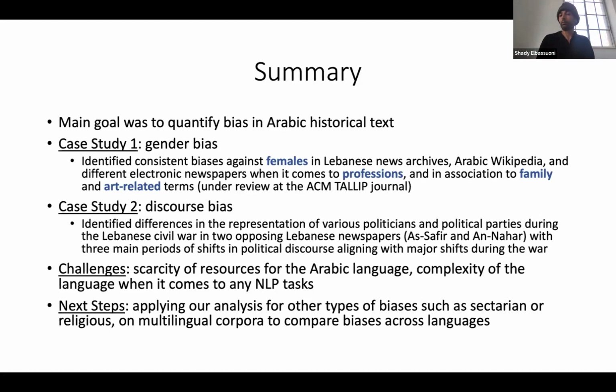We could definitely look at other multilingual corpora and see if, for instance, discourse around the Israeli-Lebanese conflict is different based on the corpus, its language, the origin, and the culture and so on. So yeah, that's pretty much it, trying to sum everything up.